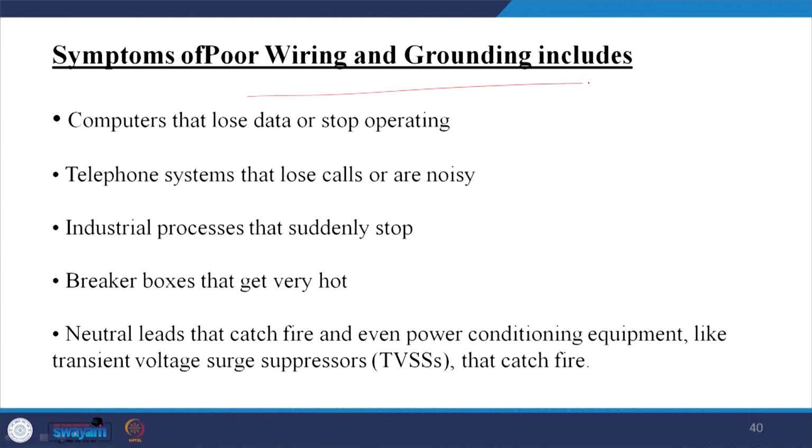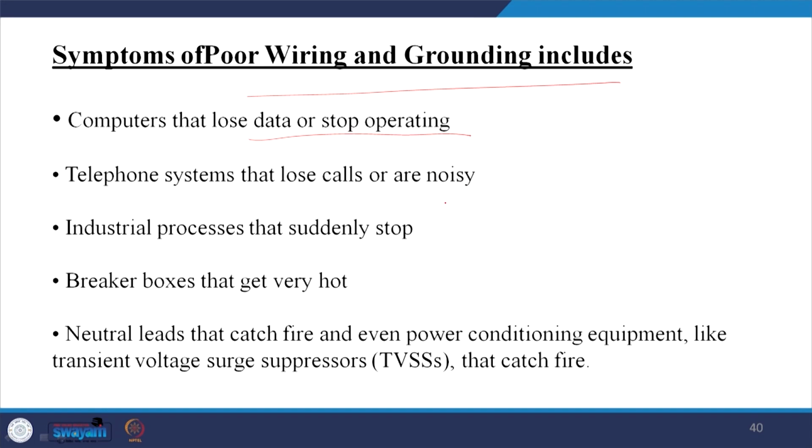So, symptoms of poor power quality grounding include computers that lose data and stop operating. Sometimes, due to the poor grounding problem, your chassis has not been grounded and gets a high potential, and a capacitive effect comes, and due to that your processors are loaded unnecessarily with capacitive current, and that gives you heat.